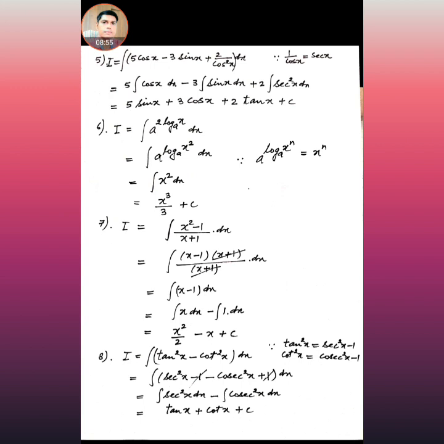So now we can cancel minus 1 with plus 1. So our final function is sec square x minus cosec square x. So integration of sec square x is tan x and integration of cosec square x is minus cot x. So minus minus is now plus. So integration of this whole function is tan x plus cot x plus C.